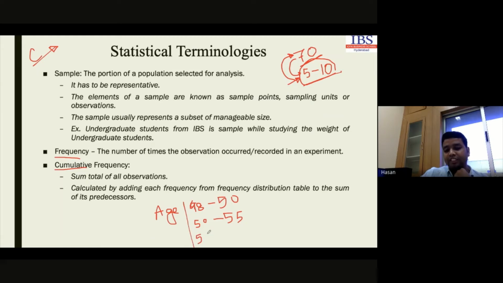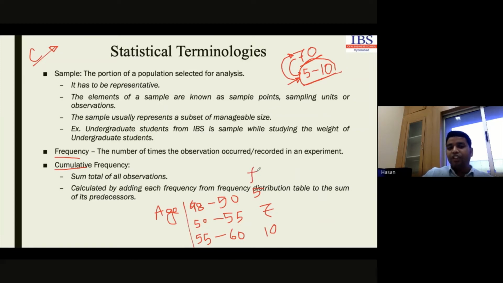We are just considering an example here. The number in the first age category we can consider as 5, in the second 7, and in the third 10. These are the frequency.